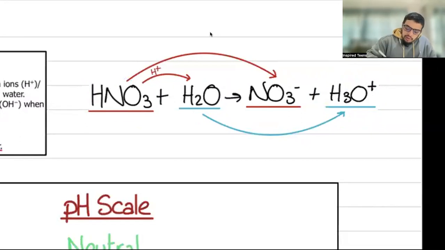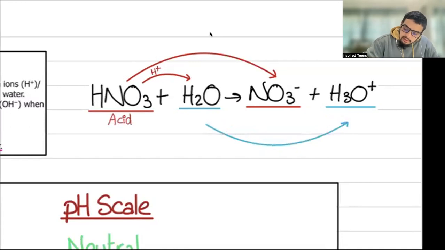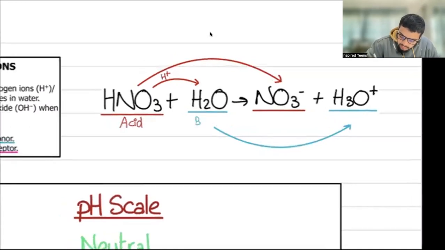Now, the one that donates is known as the acid. And the one that receives, this little guy here, is known as the base.